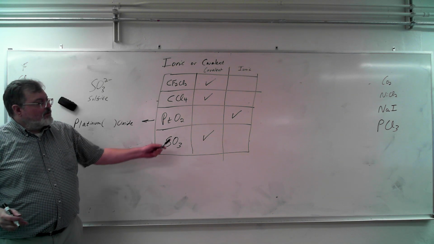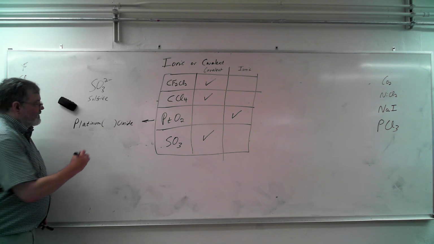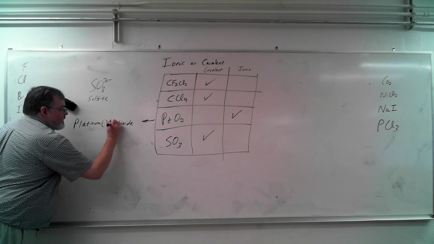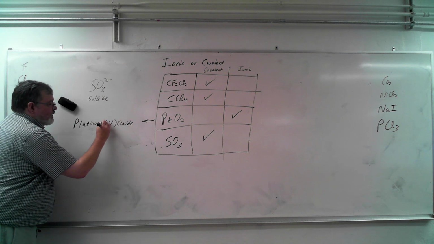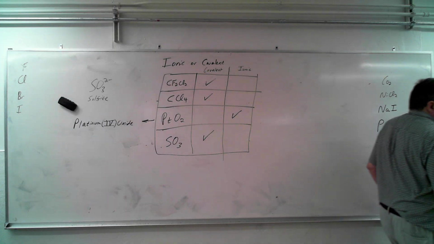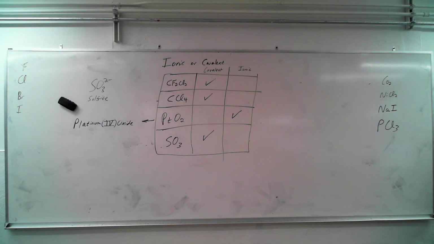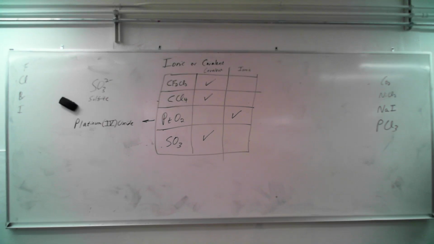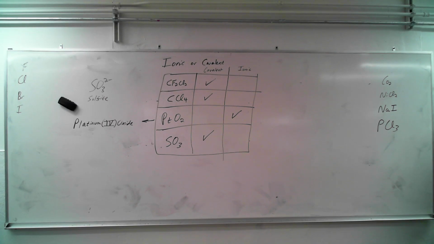Oxygen is -2. There's two of them, so 4. There's only one platinum, so do the Roman numeral IV. Questions like those you can review. They do covalent and ionic in the same chapter.